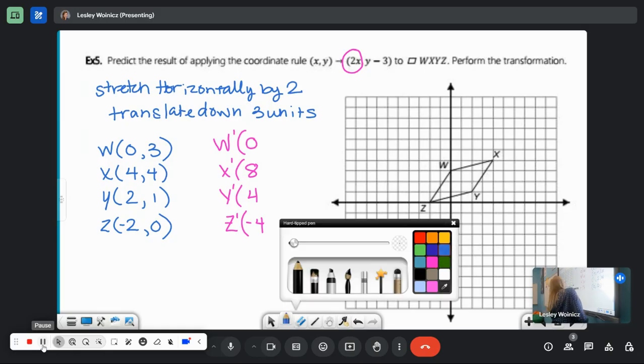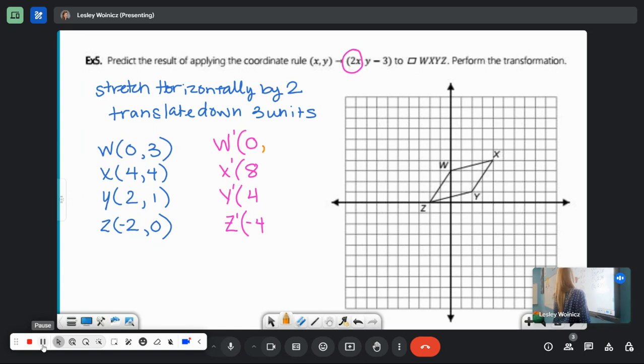Then the other thing that's happening is subtracting 3 from the y's. 3 minus 3 is 0. 4 minus 3 is 1. 1 minus 3 is negative 2. And 0 minus 3 is negative 3.